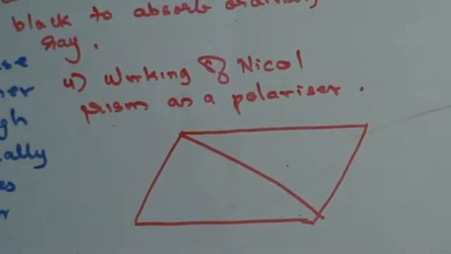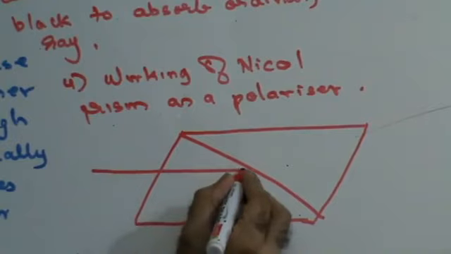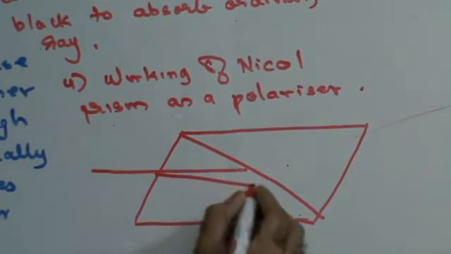That's your Nicol prism. You would have a ray of light that would pass through. Due to birefringence, the ray of light would split into two. There would be double refraction taking place. Guys, I just explained to you, that's the inherent property of the crystal. The inherent property of the crystal is that it will give rise to birefringence.